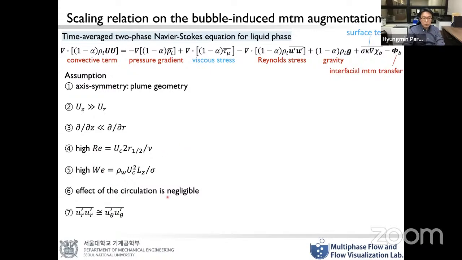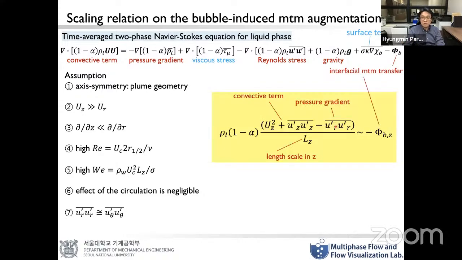When you apply all of these assumptions to the above equations, you can simplify the equation quite significantly. So the convective term and the pressure gradient survive, and also the interfacial momentum transfer survives, right? So you have this scaling relation.